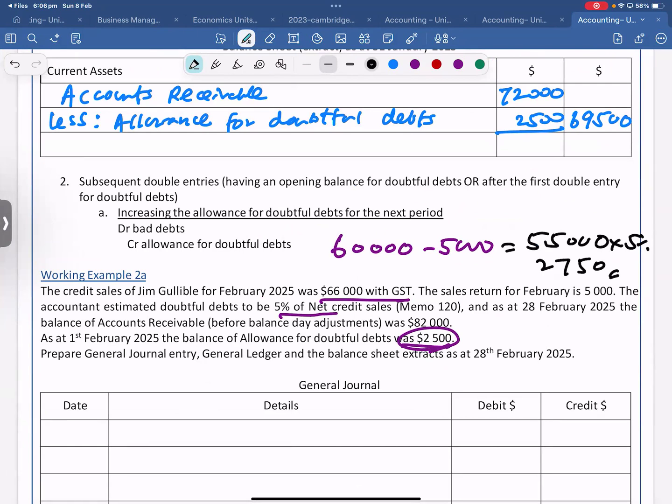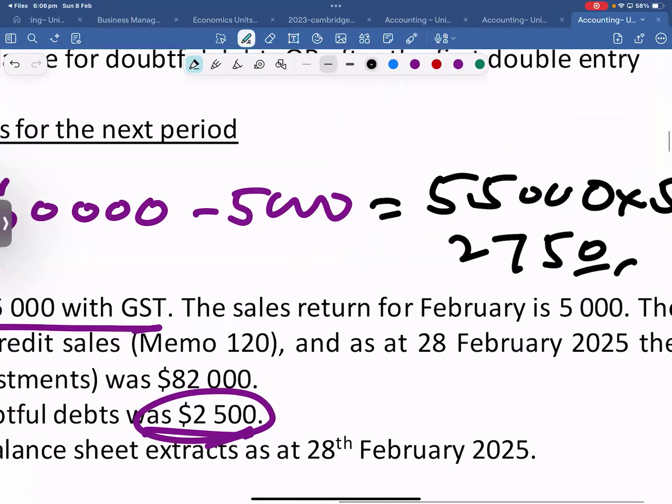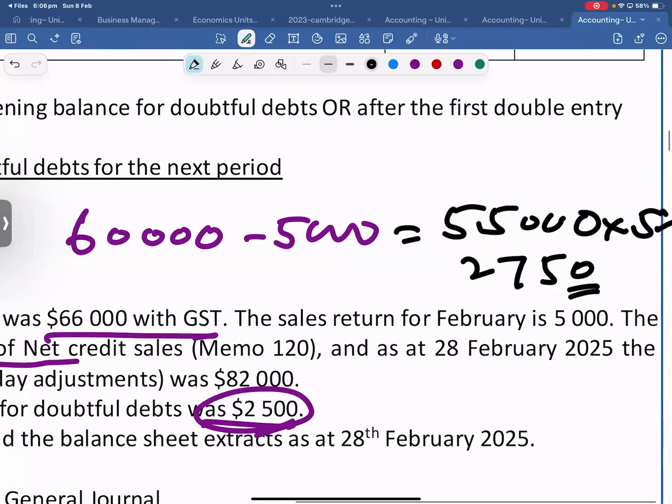Is it 2,750 or 27,500? No, 2,750 in total. So when you record the doubtful debt, would you only increase it by 250? Yes. Very good. If you understood that, pretty smart.